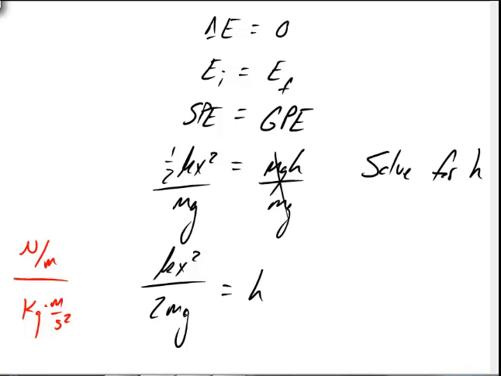A Newton, if we recall, is a kilogram meter per second squared, and we divide by a meter. And what happens, of course, is stuff starts to cancel, and all of a sudden we're left with a meter, which is the height. So it tells us that what we did was good, and everything is working.